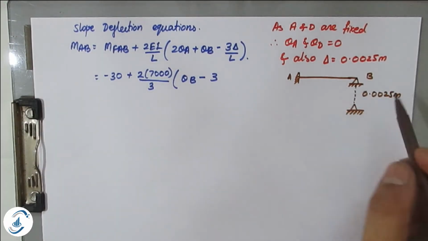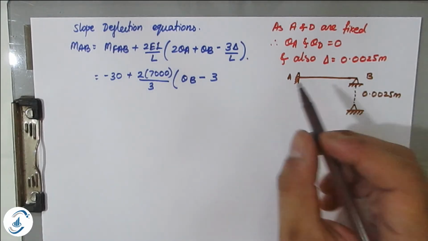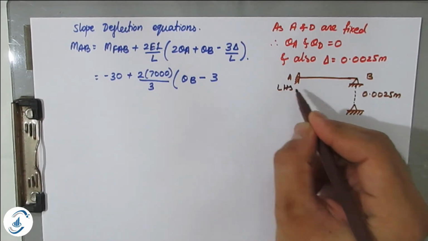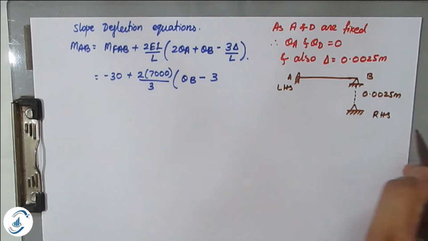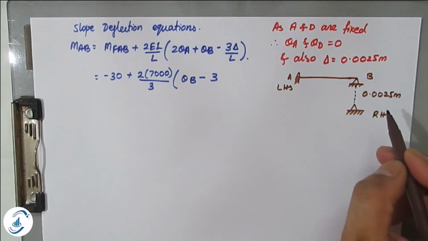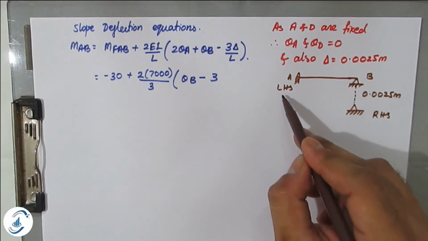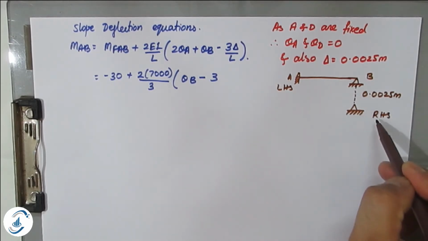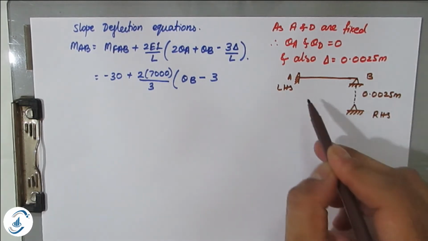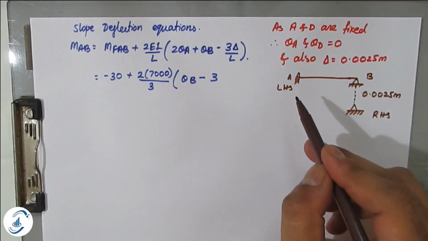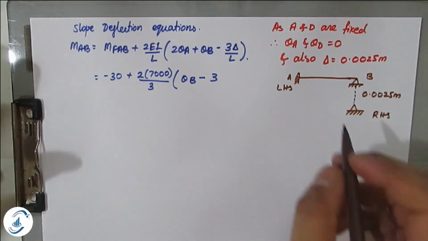Per sign convention, if right side support is going down compared to left side support, this will be your left hand side support and this will be your right hand side support. Carefully understand, the delta is positive if right hand side support is down compared to left hand side support. So here this right hand side support is going down by 0.0025 meters compared to left hand side. Therefore the delta will be positive.